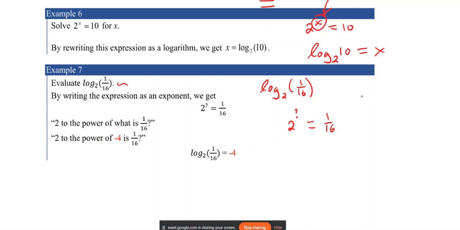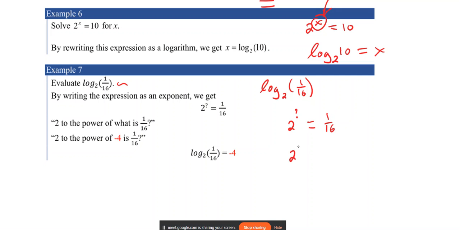What would 2 to the power of something be equal to 16? Right? So 2 times 2 is 4. 2 times 2 times 2, or 2 to the power of 3, is 8. And 2 to the power of 4 is 16. So if I want to figure out what 2 to the power of something is equal to 1 over 16, well, what about this?